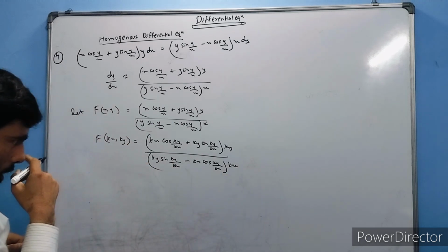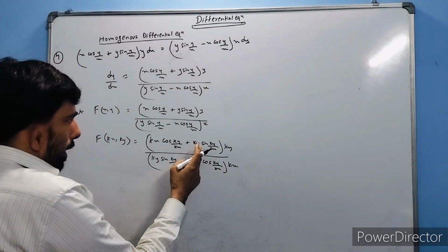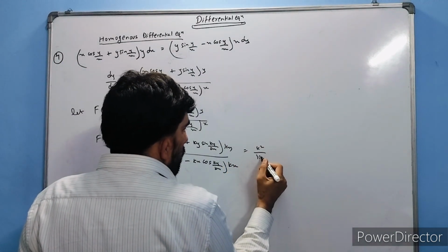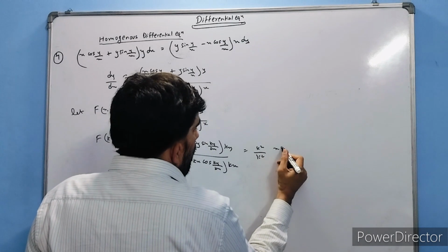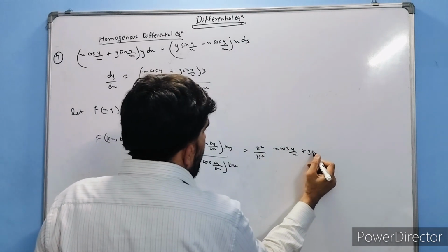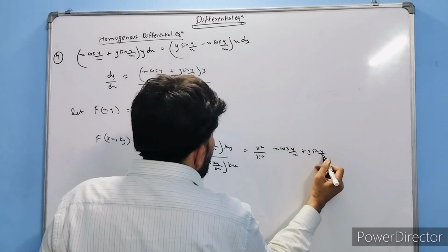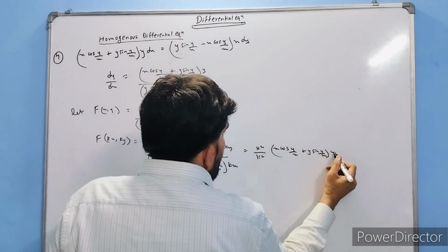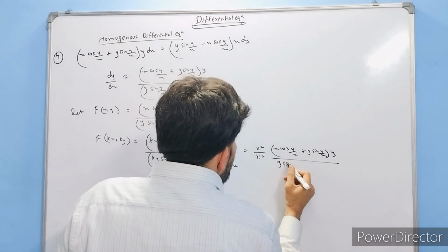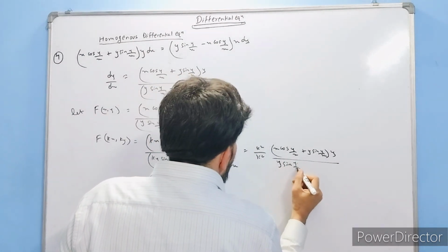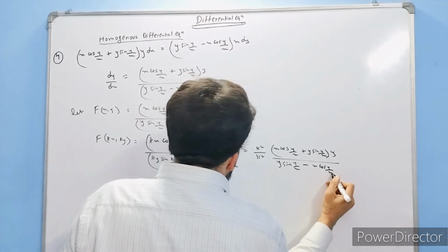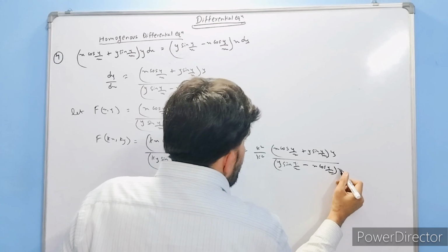So I can take k common, so I get k squared upon k squared, and here we have x cos(y/x) + y sin(y/x), y upon y sin(y/x) - x cos(y/x), x.